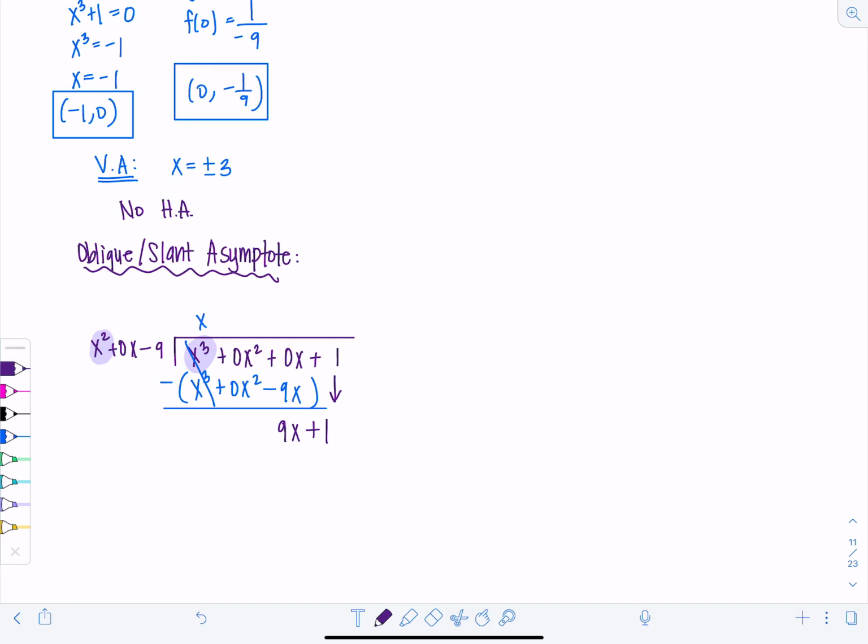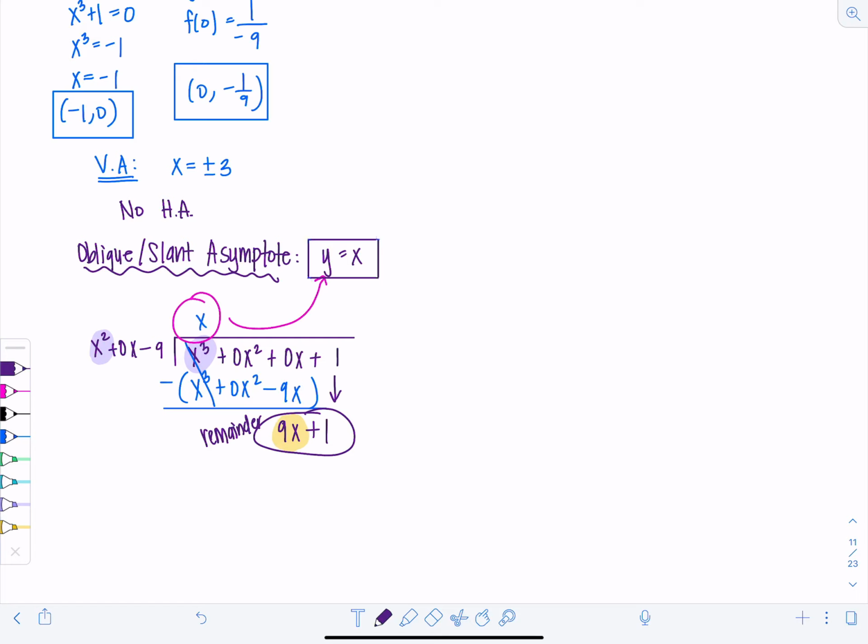And then I'm actually done dividing because notice here, x squared is a higher degree than 9x, so we only had 1 round to do there. This is my remainder, and so the equation of my oblique asymptote is staring me in the face right here. It's the quotient without the remainder, y equals x. Good.